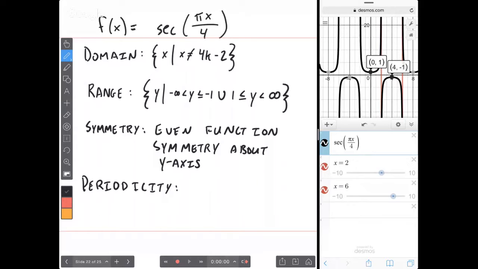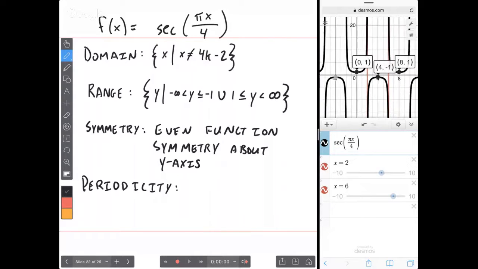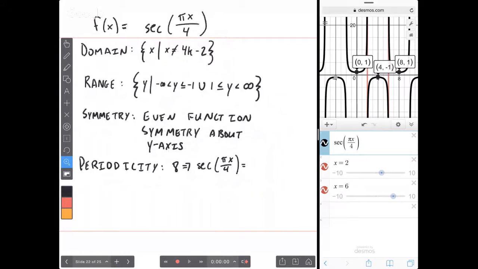Period of this function is 8. So secant of pi x over 4 equals secant of pi times x plus 8 over 4.